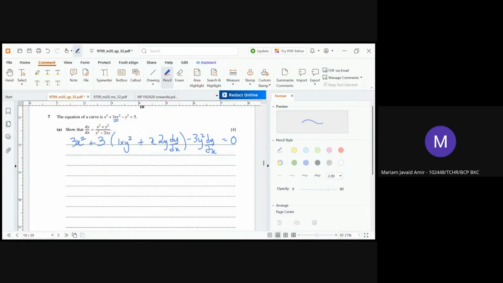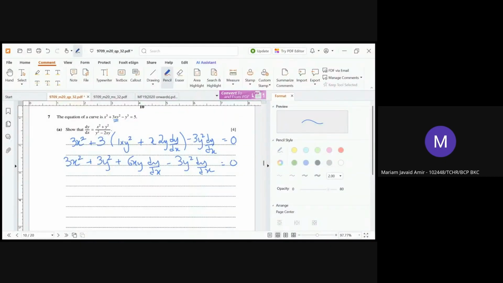Okay. Expand: 3x squared plus 3y squared plus 6xy dy by dx minus 3y squared dy by dx equals 0.